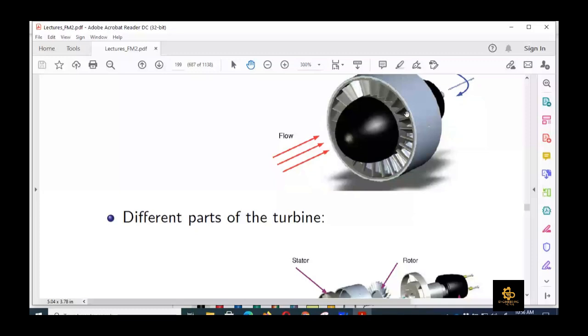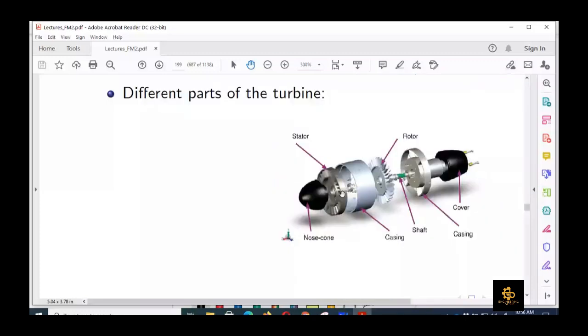That is shown here. This is the casing, which is stator, and these are the rotor blades. Stator blades are there just to guide the fluid so that they can strike the rotor blades at an optimum angle, so that the torque produced by the rotor is maximum. Because the stator blades are attached to the casing, they are not going to move. They are just there to guide the fluid.